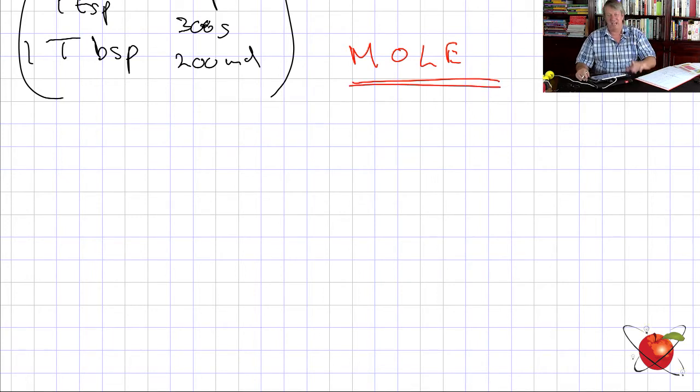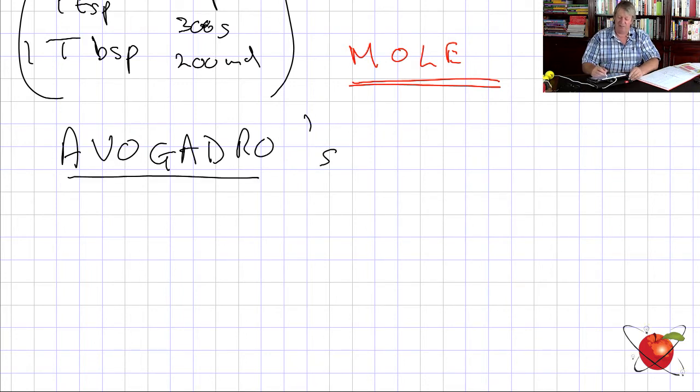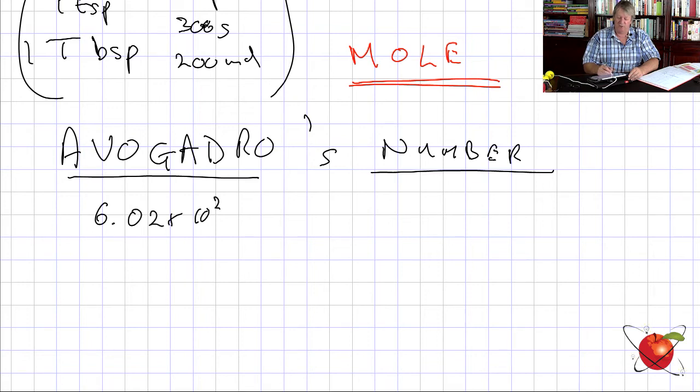Now, as it happens, there was a guy called Avogadro. Okay? And Avogadro came up with something called Avogadro's number. And I think it is 6.02 times 10 to the 23. We'll just check on all of this. Okay. Yep, it is. Okay.